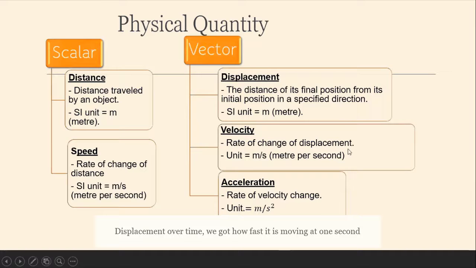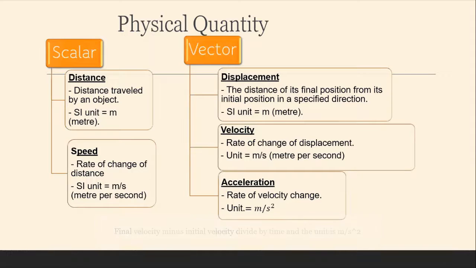We get how fast it is moving at 1 second. The next one is acceleration. Acceleration is the rate of velocity change, which is velocity over time. Final velocity minus initial velocity divided by time, and the unit is meter per second square. So we will see the formula later.